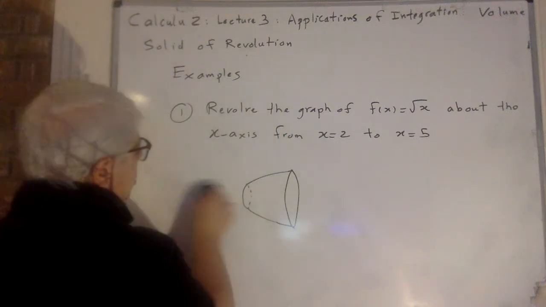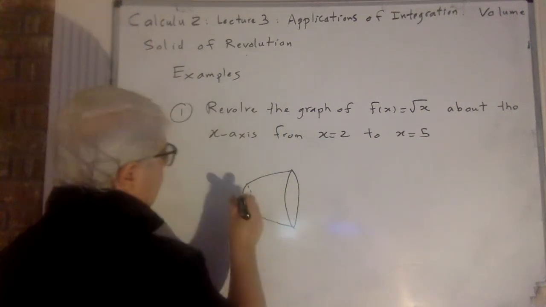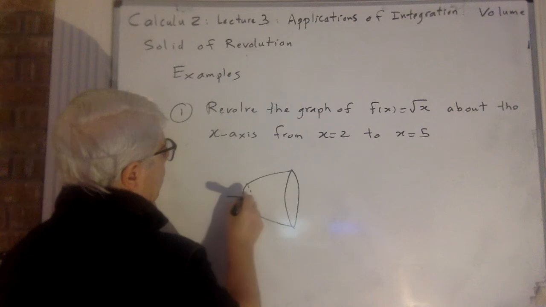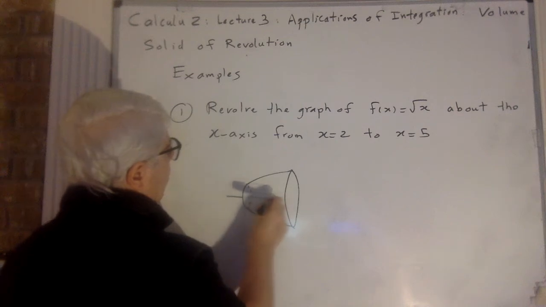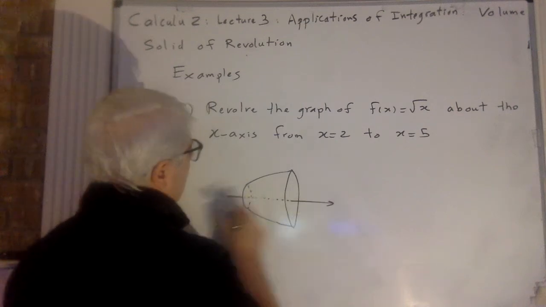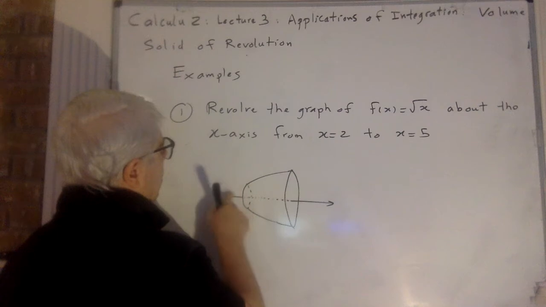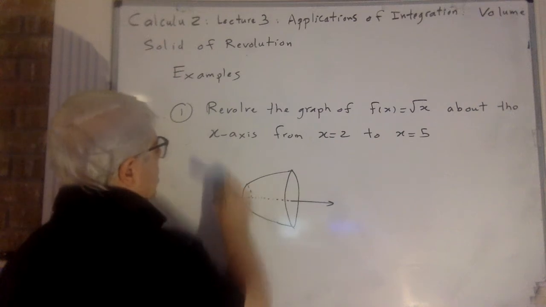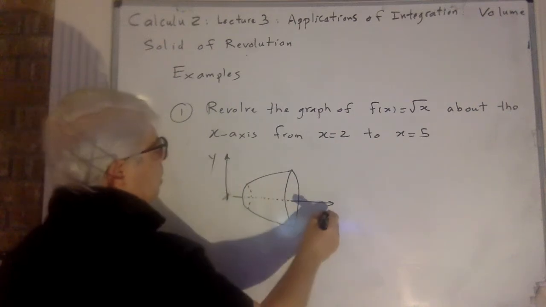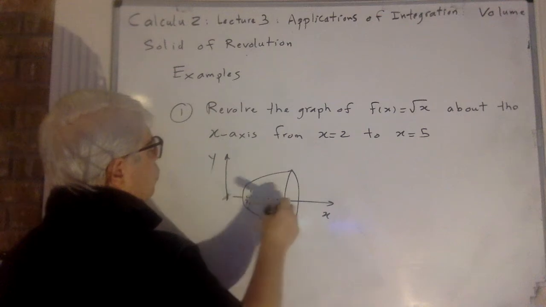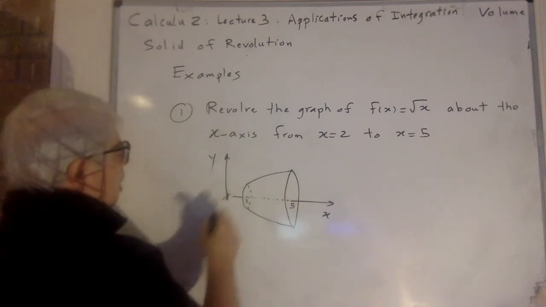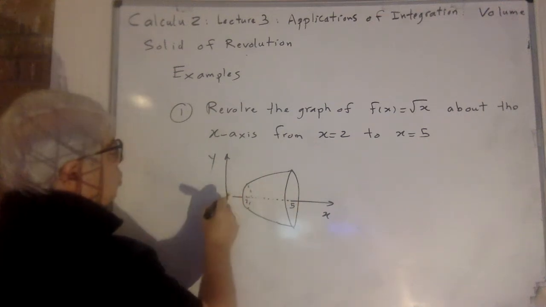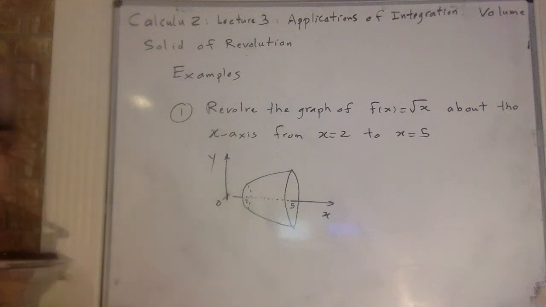This should go like that. x from 2 to 5, and if we continue, this goes to 2.0. So that is the square root of x.